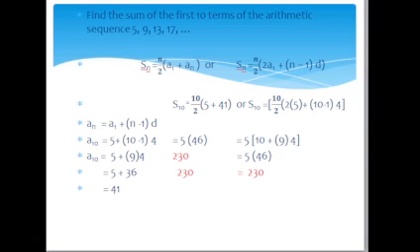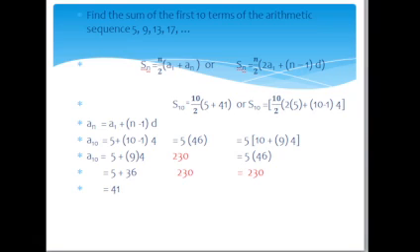Again, our formula for the sum of the first n terms of the given arithmetic sequence is S sub n equals n divided by 2 times a sub 1 plus a sub n.